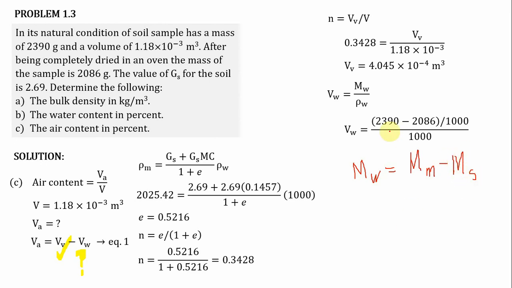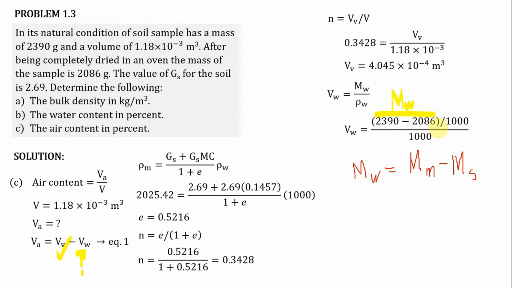So, mass ng moist is equal to 2390 minus 2086 ng mass ng solids. So, this term represents the mass of water.